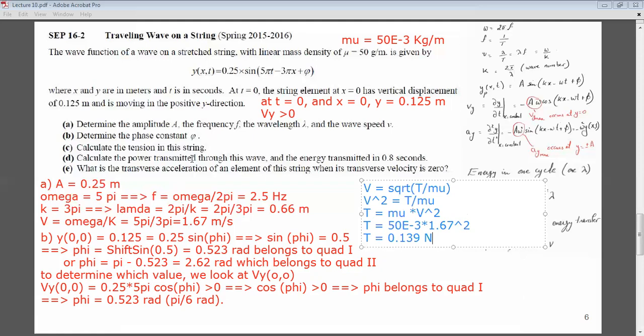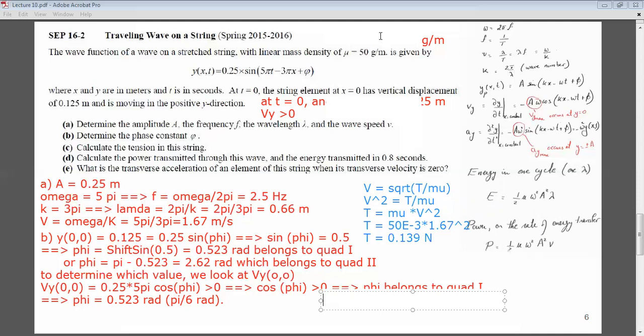Calculate the power transmitted through this wave. I will do it down here. Power is, this is the formula, half mu omega square A square times V, and I will just plug numbers.